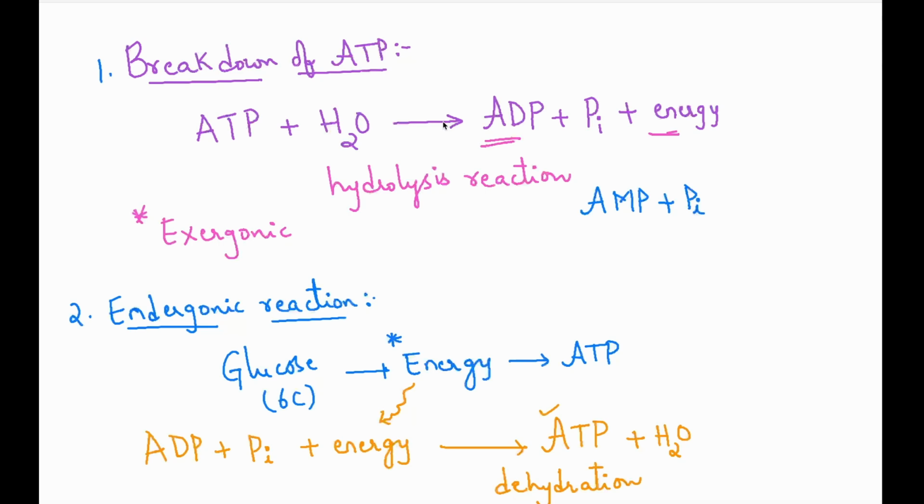Okay. So remember that breakdown of ATP is an exergonic reaction because energy is released into the cells, while the production of ATP requires energy and it is an endergonic reaction.